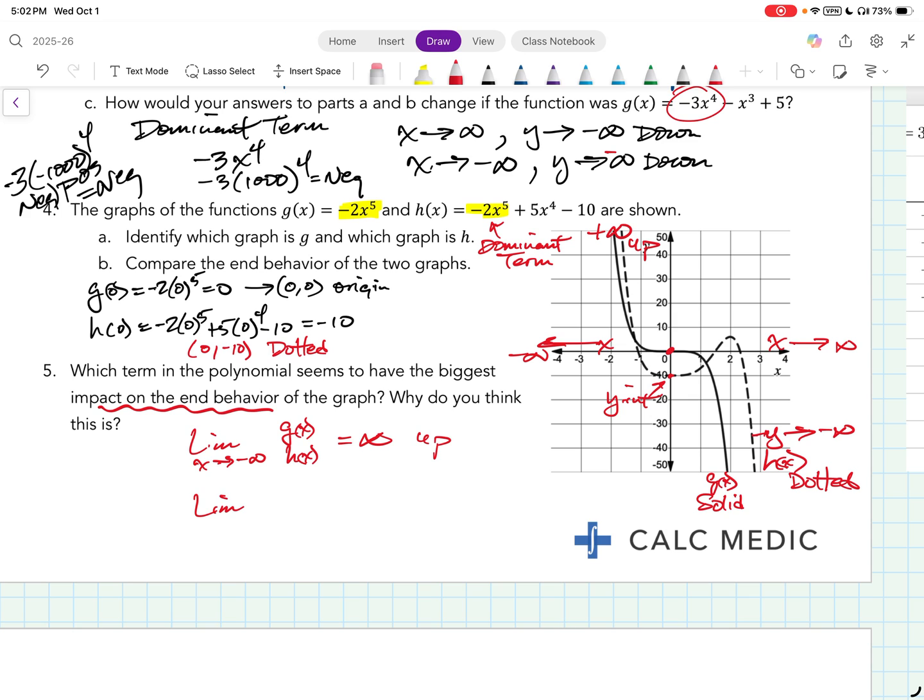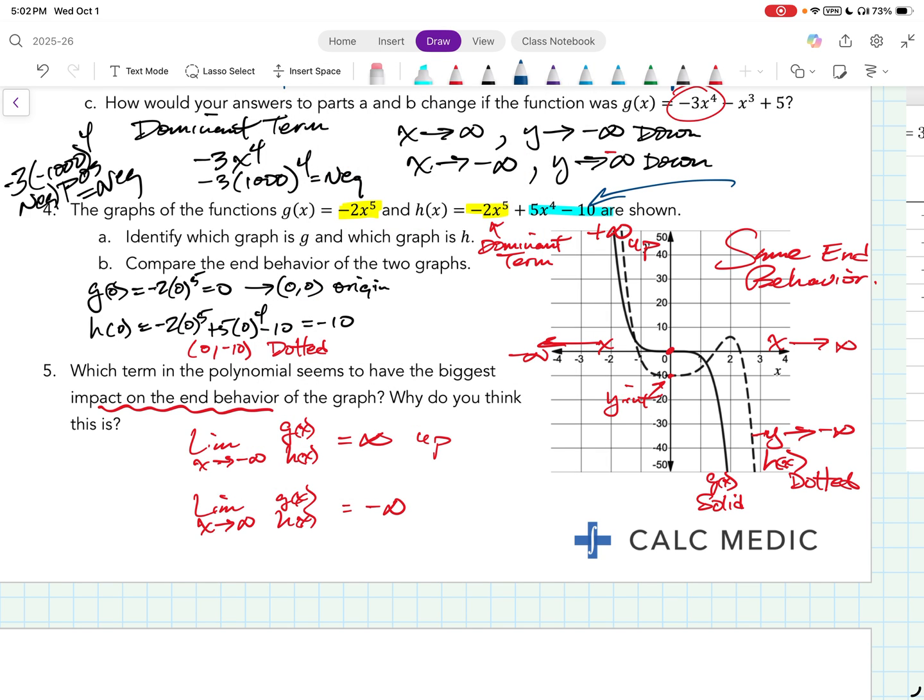So the limit of either one, g of x or h of x, it's not standard notation, but I'm going to throw it in there. As you go to the right, as x gets really big, that's equal to negative infinity. They have the same end behavior. And if they have the same end behavior, the other two terms in h of x, the 5x to the fourth and the minus 10, really have no impact.